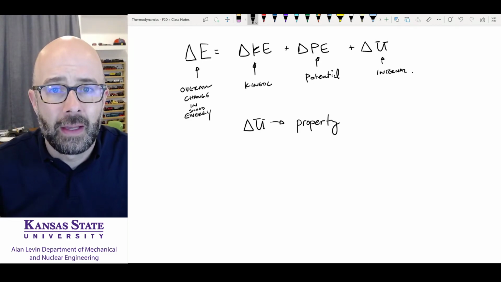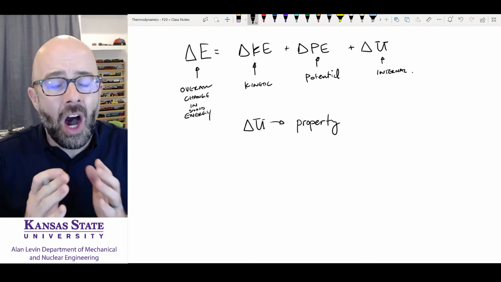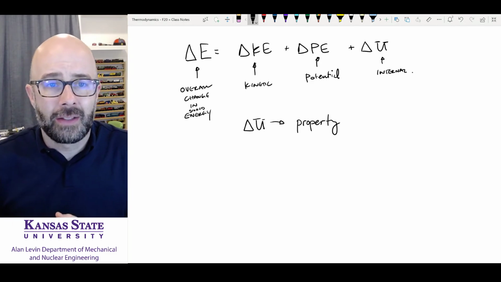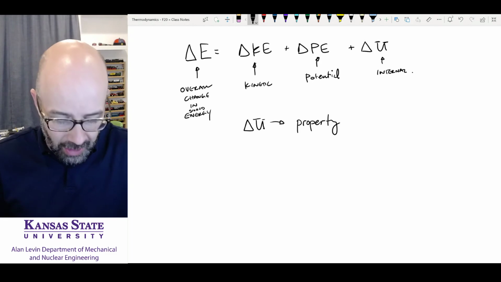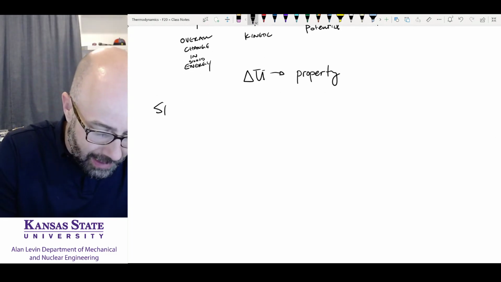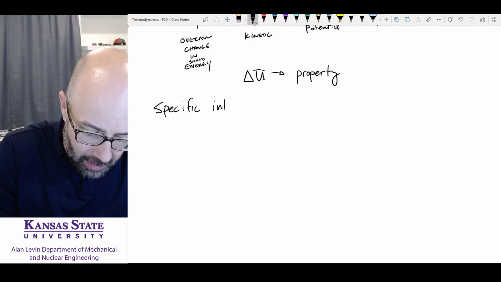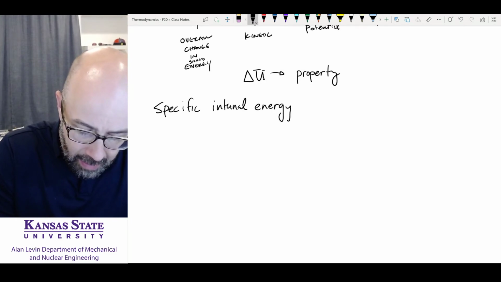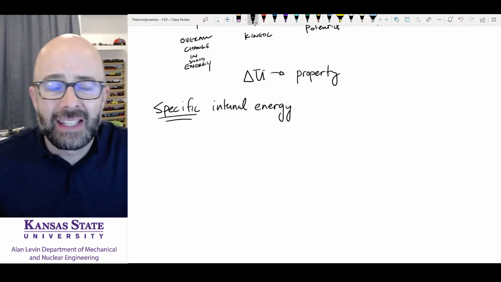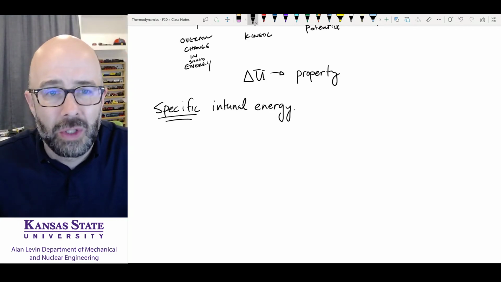Okay. Internal energy. Now, we often, in this class, don't just find internal energy, we find specific internal energy. So remember this, specific internal energy. Remember what I said earlier about when I saw the word specific, what we would do with it?